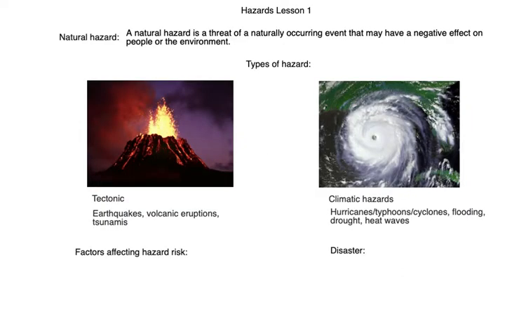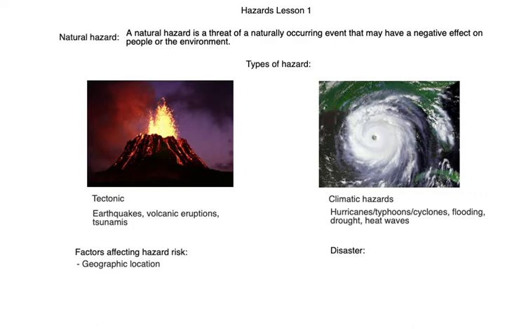Now, there are several factors that affect hazard risk. First of all, we have geographic location. Where you might be located in the world will affect your risk to certain hazards.